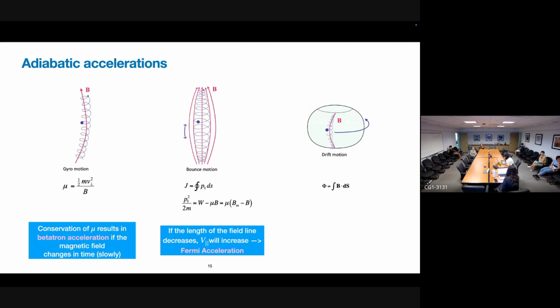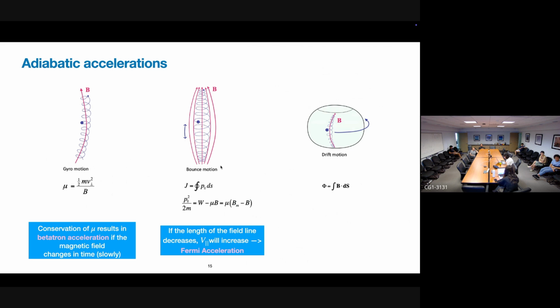And a little more on the adiabatic acceleration. So we all know while particles are doing the gyro motion, the magnetic moment is conserved. So the conservation of this mu also will give you the Betatron acceleration, which means if the magnitude of the magnetic field changes, the velocity of the particle will also change. And that happens in the perpendicular direction.